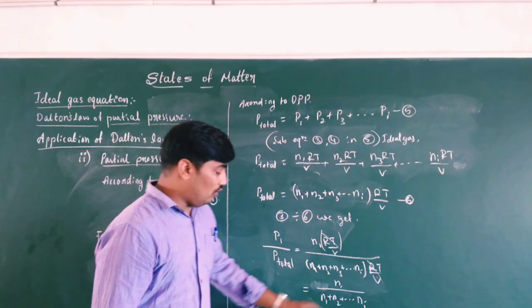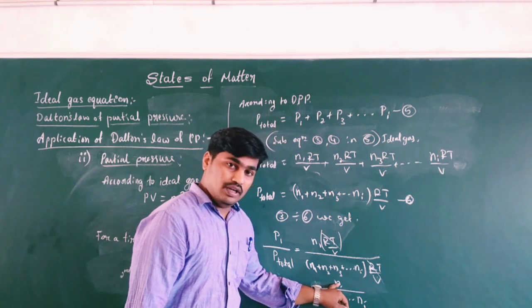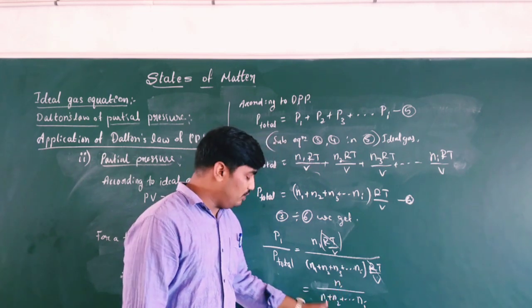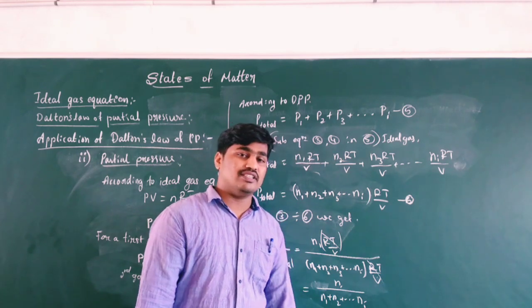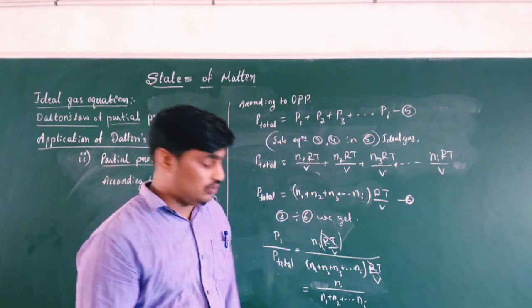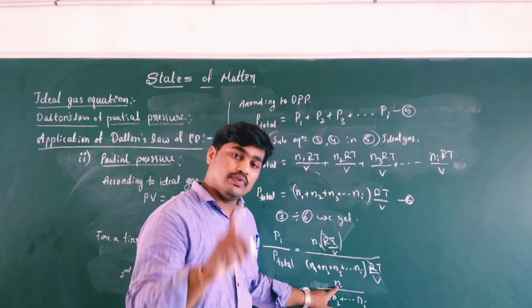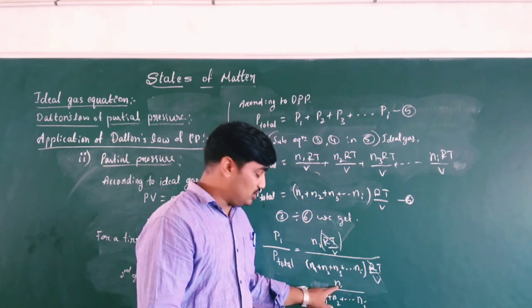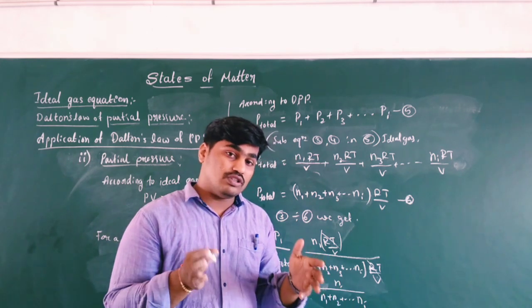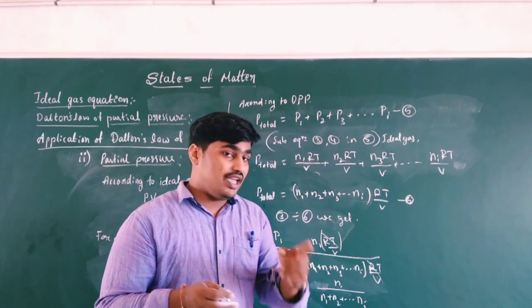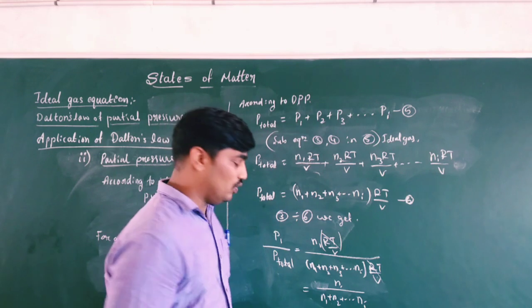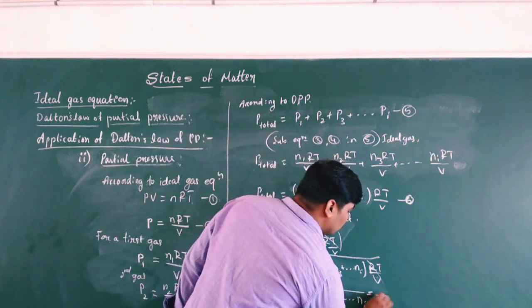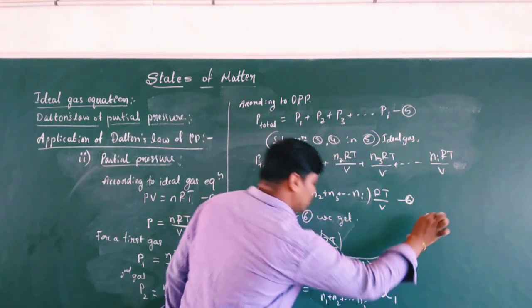What is the meaning of moles of one gas divided by the total moles of a system? Can anybody guess? I'll give you a few minutes. N1, the moles of the first gas, divided by the total moles of the system is equal to the mole fraction of the first gas.